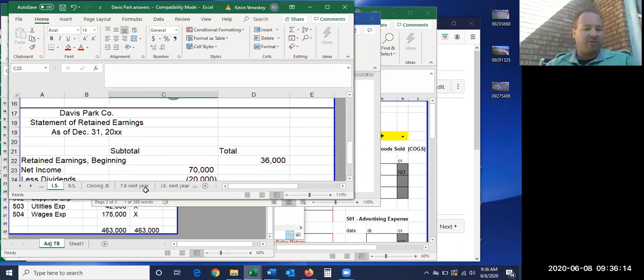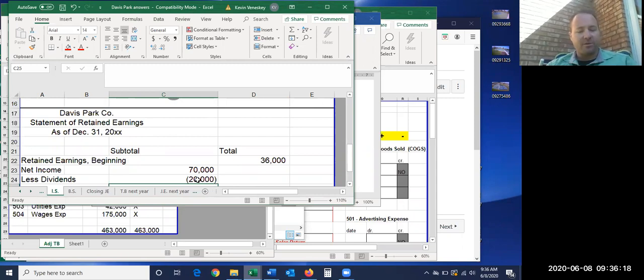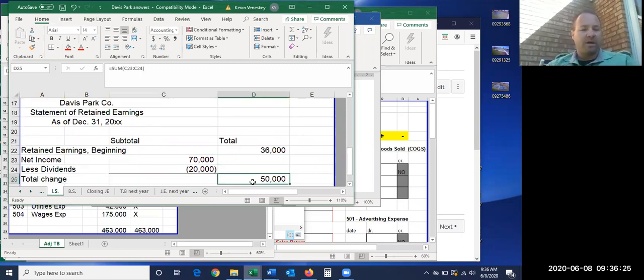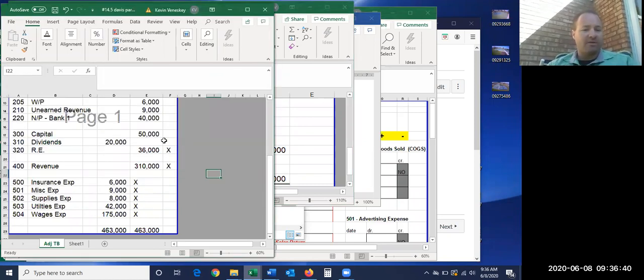Obviously, you would get that from over here where it says less dividends, but I put that there just to remind us that definitely we need to subtract. And then when we subtract, we get our total here from our subtotal. That's all I did here, just combine these two. So I come up here, the dividends were 20,000, and put an X on the 20.